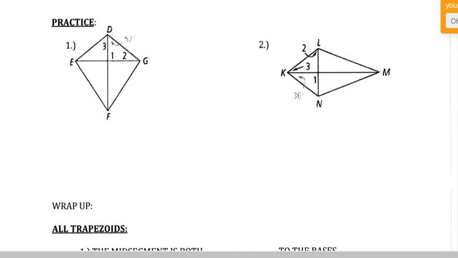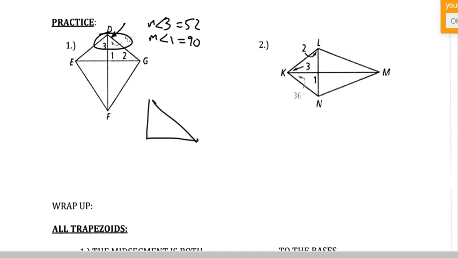We already learned that those are congruent. So if this is 52, that one's 52, then the measure of angle 3 must be 52 as well. The diagonals intersected at what angle? 90 degrees. And then lastly, if we knew this was 52 and this was 90, then what's this going to be?